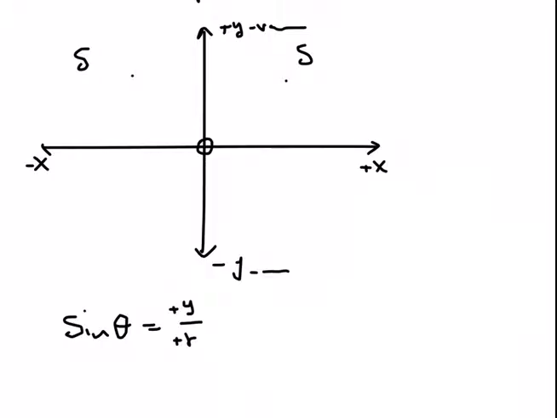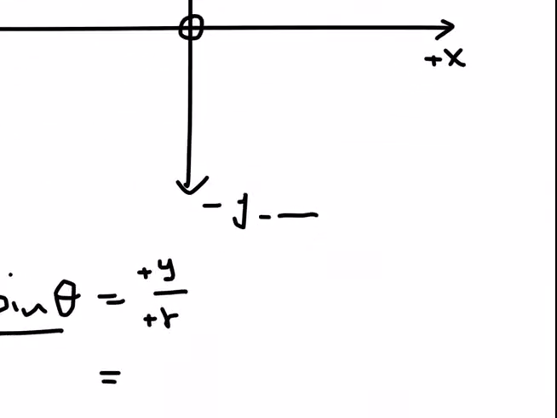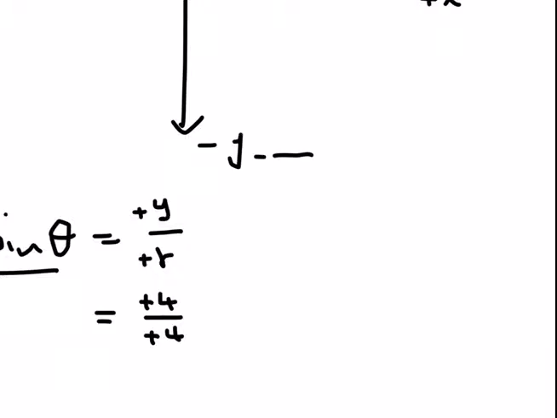So that means the ratio for sine of an angle is positive in the first quadrant and the second quadrant. Why am I saying this? Because if you have, let's say, positive 4 over positive 4 or 2 or any number, the answer that you will get is going to be a positive value.